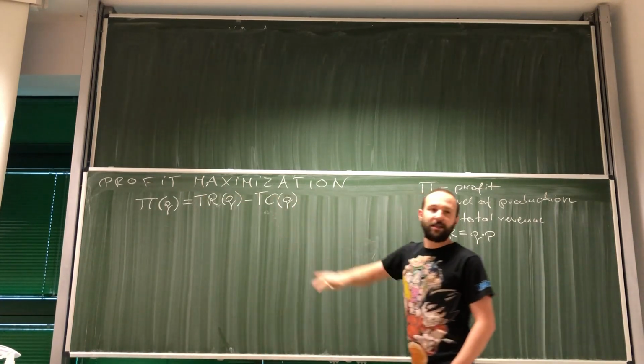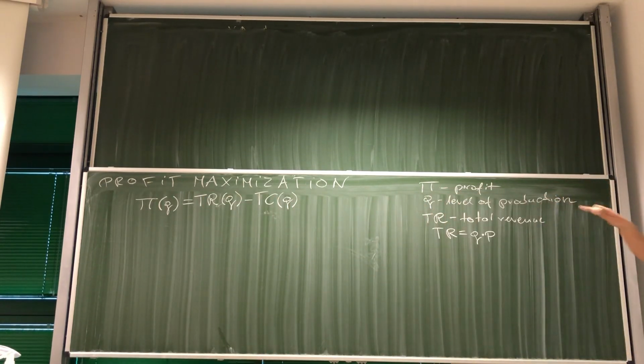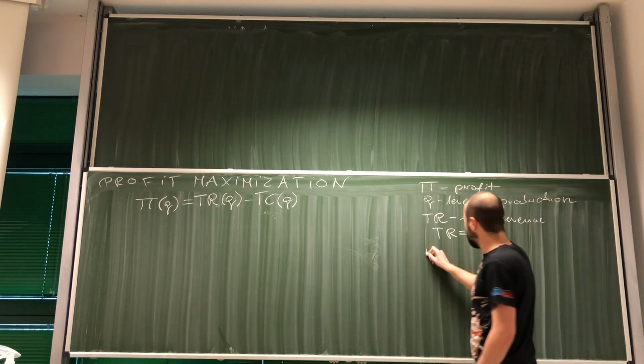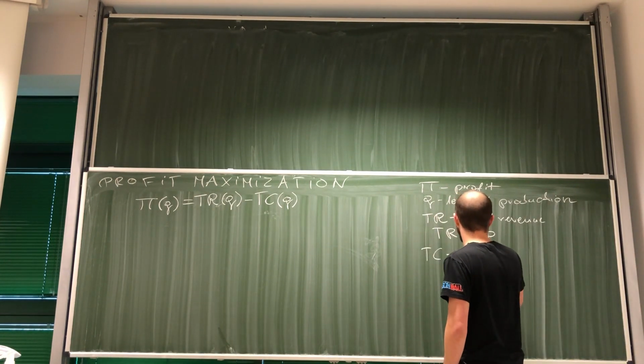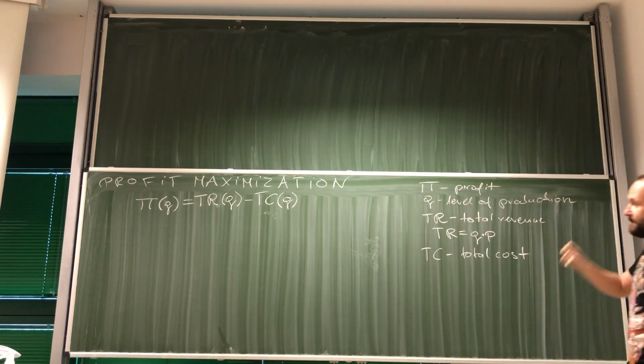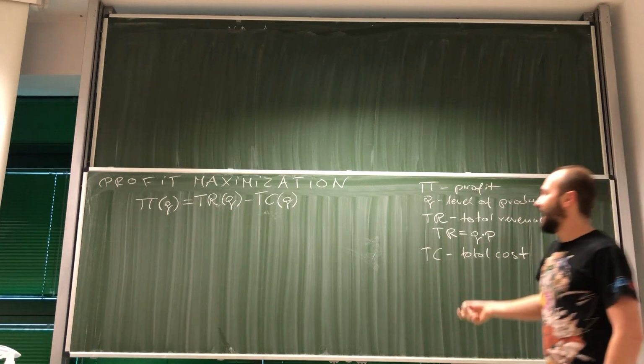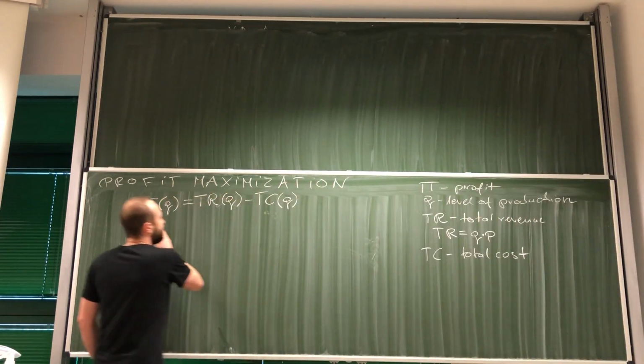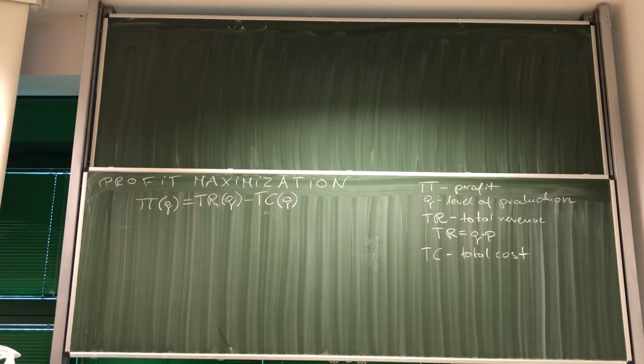We'll actually get a little bit more into details with total cost a little bit later. For now, let's just remember that TC is total cost.